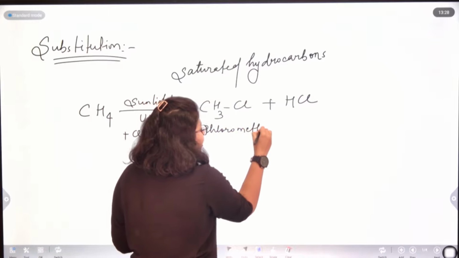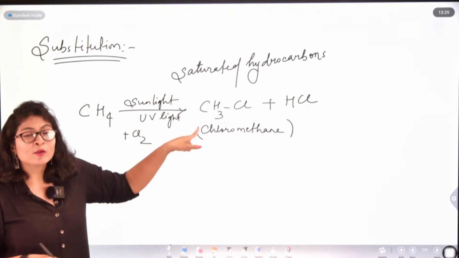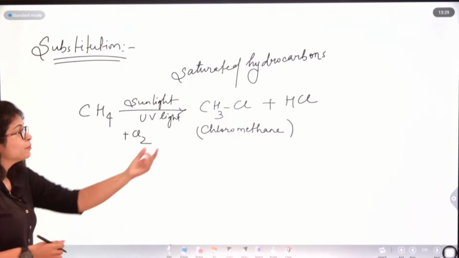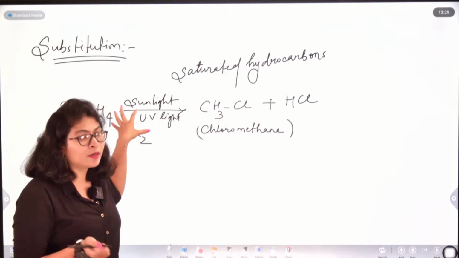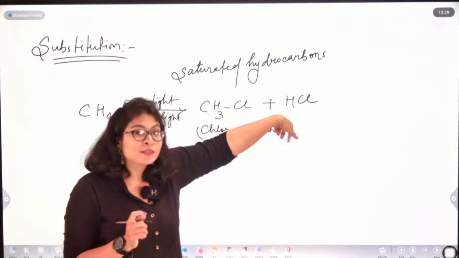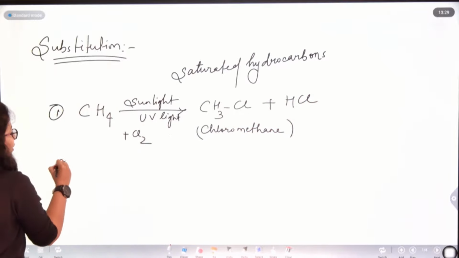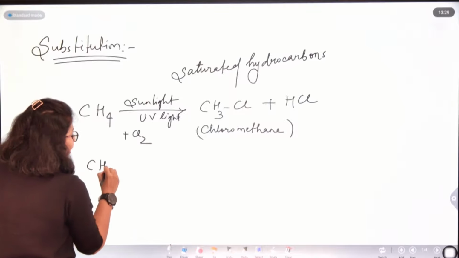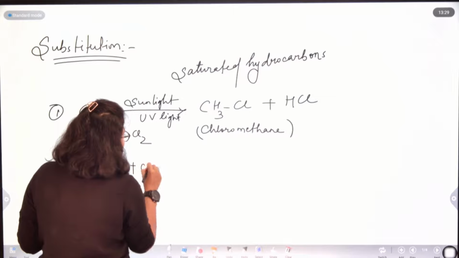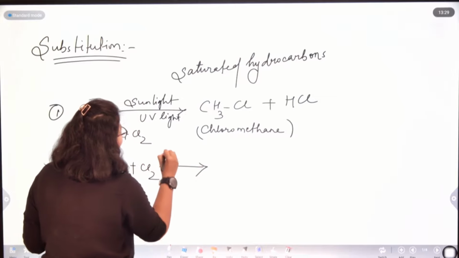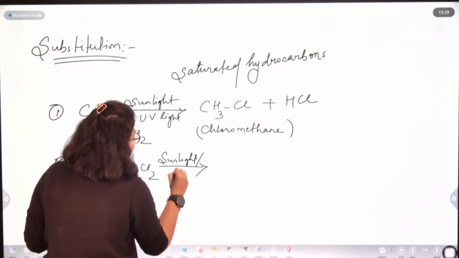To name this compound, it will be chloromethane, because I have derived it from the parent compound methane. Now I have 3 more hydrogens still left, so following the same reaction condition, I can substitute these hydrogen atoms also. In the second step, I take this chloromethane and react it with another chlorine in the presence of sunlight or UV light.